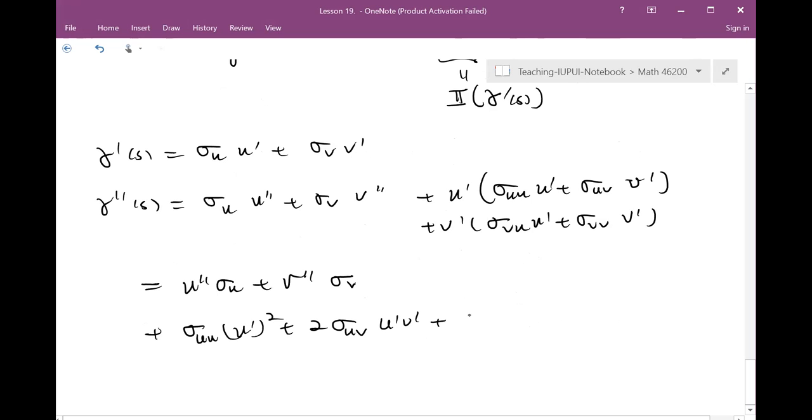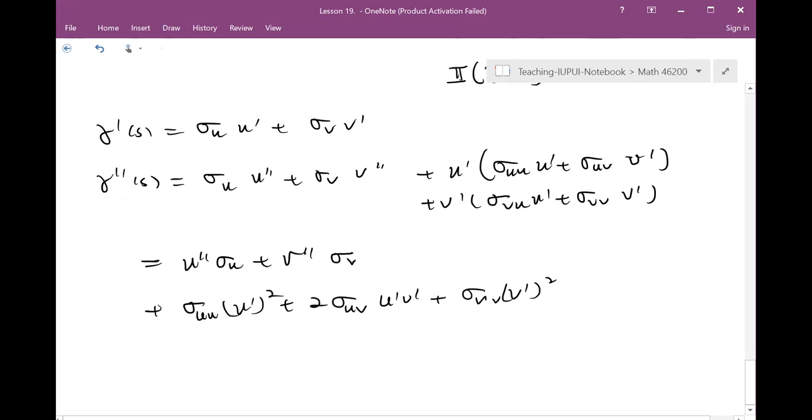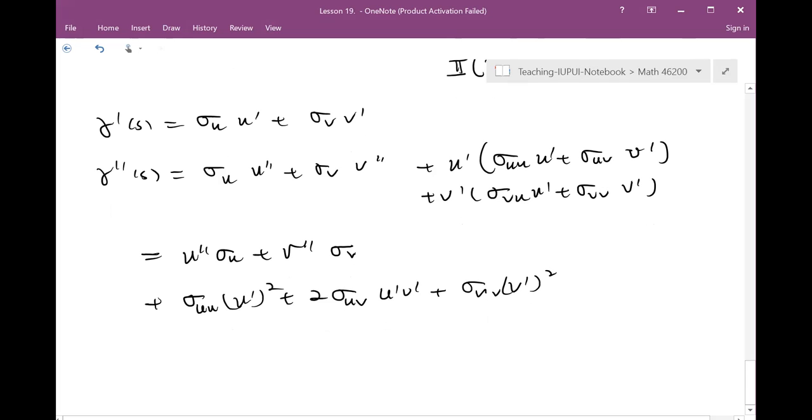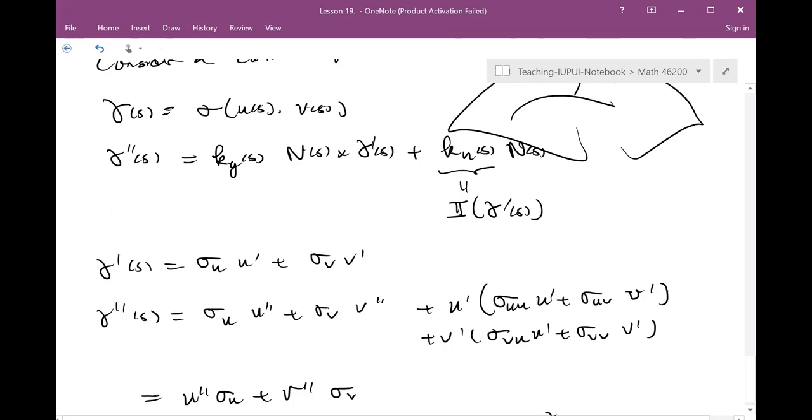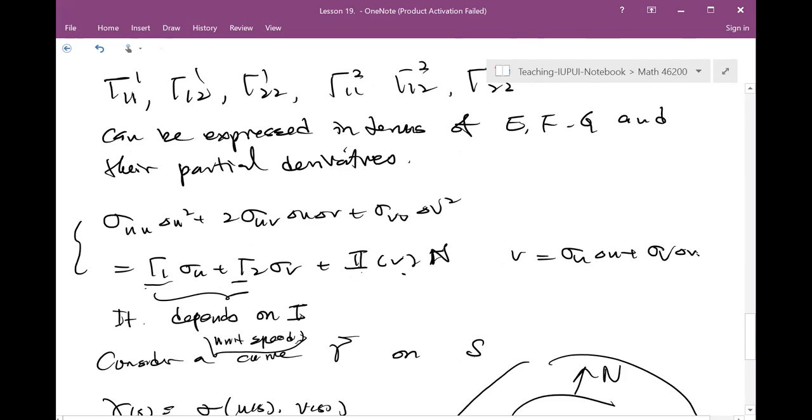This looks like delta u, delta v, right? Okay, great. But we already did the above decomposition, right? So you replace delta u by u prime, delta v by v prime.